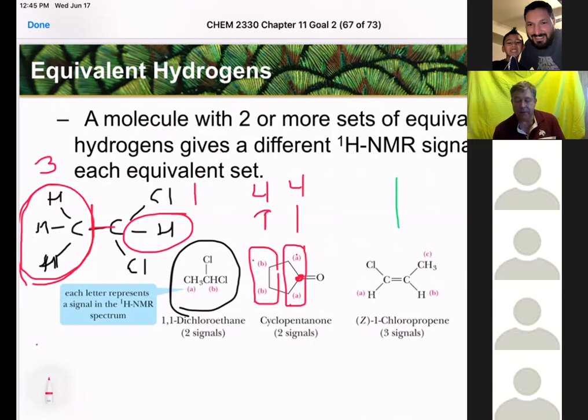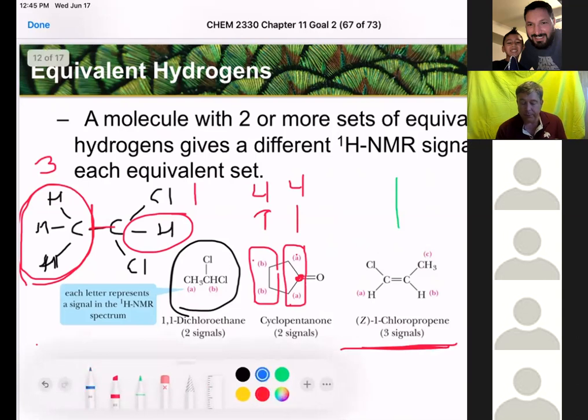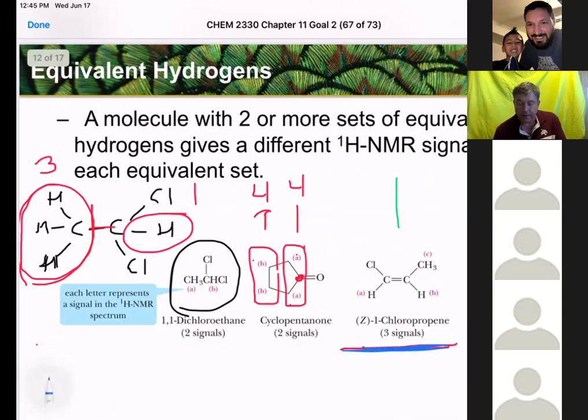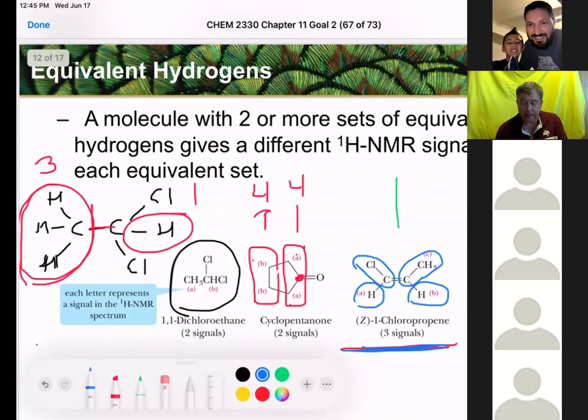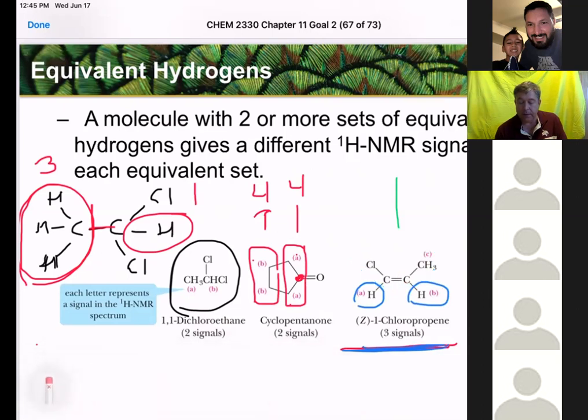Now, this one's even going to be more interesting here, this next one in blue. Okay, this hydrogen is not like this hydrogen because it's bonded to a carbon with a chlorine. This is bonded to a carbon with another carbon bonded to it. So that means that those hydrogens are not the same. Therefore, we're going to have different signals.